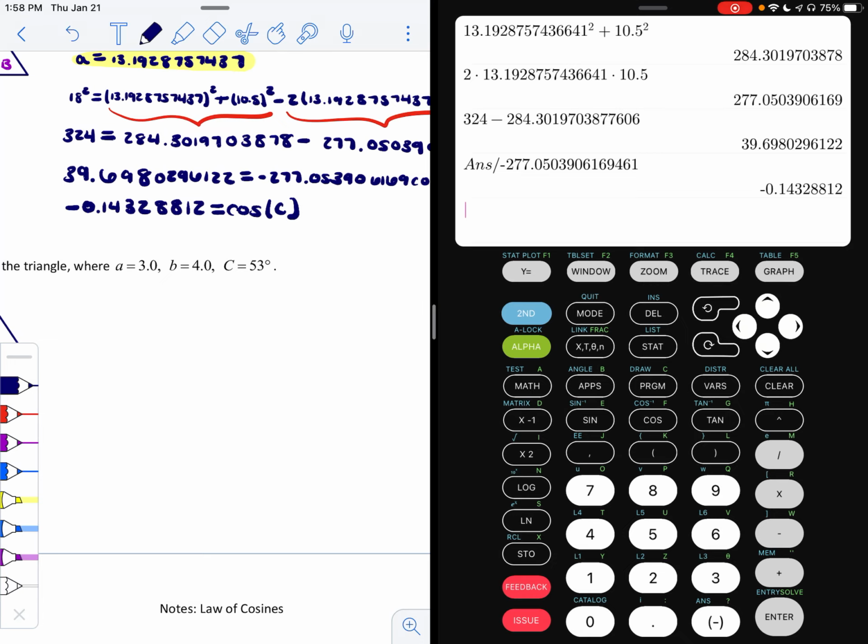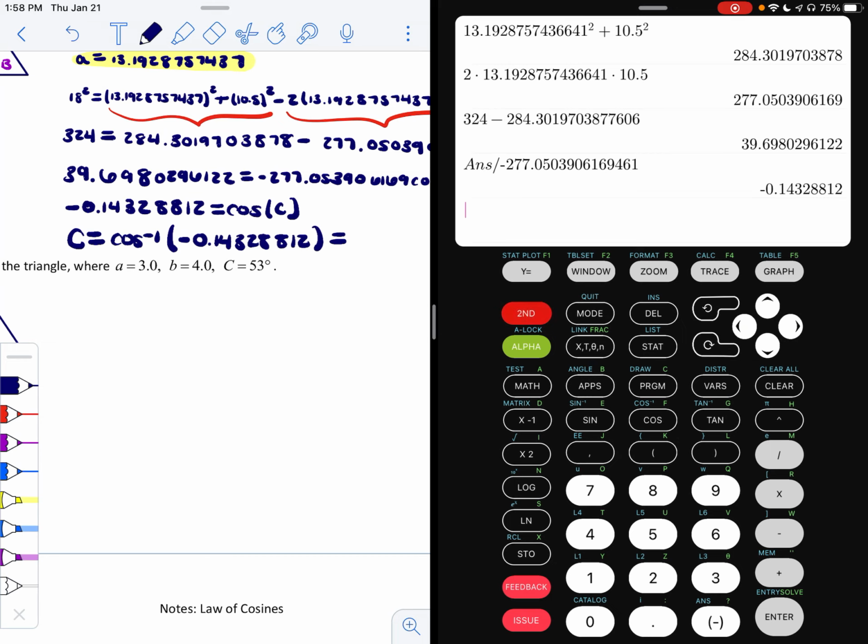So lastly, to get that angle C by itself, in order to undo the cosine function, we just need to use its inverse. So angle C is equal to the inverse cosine of that negative 0.14 number that we just found.